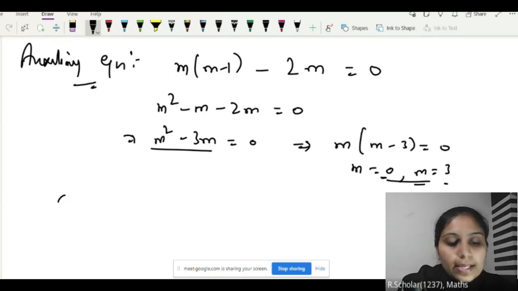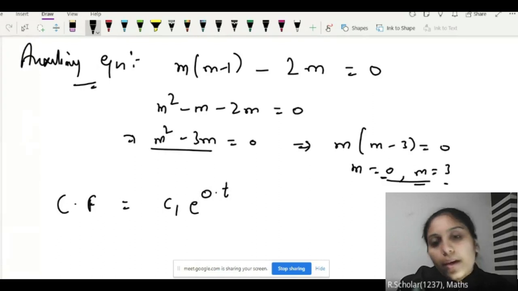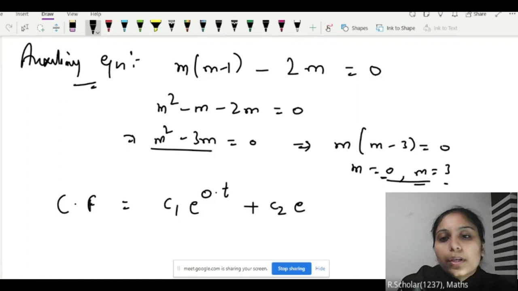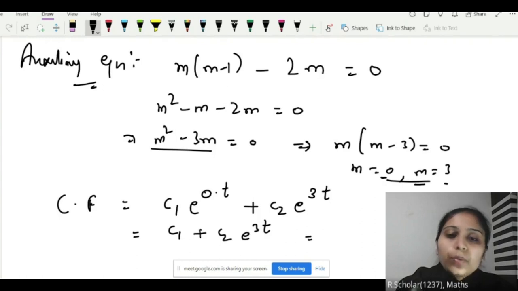And in this case, we write CF as C1 e raised to power 0t, as we have the independent variable t here, plus C2 e raised to power 3t. Now C1 plus C2 e raised to power 3t, convert back into x.